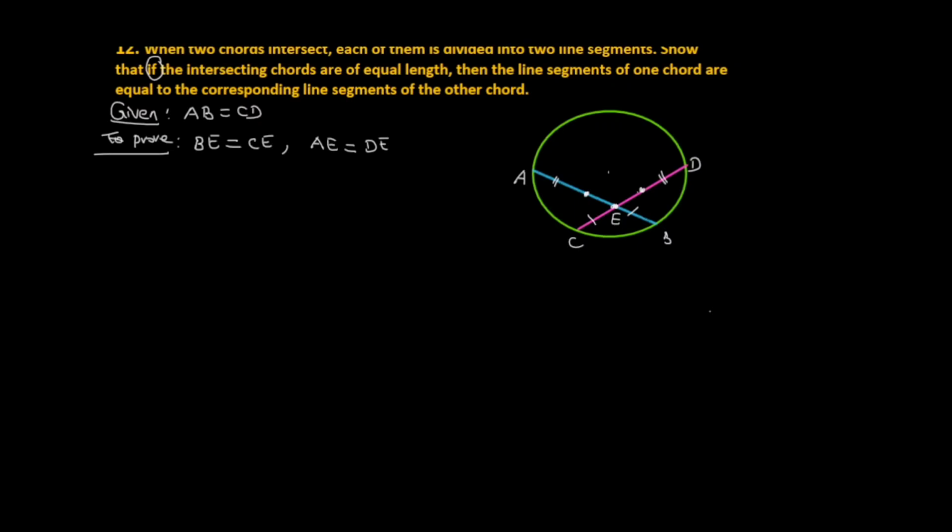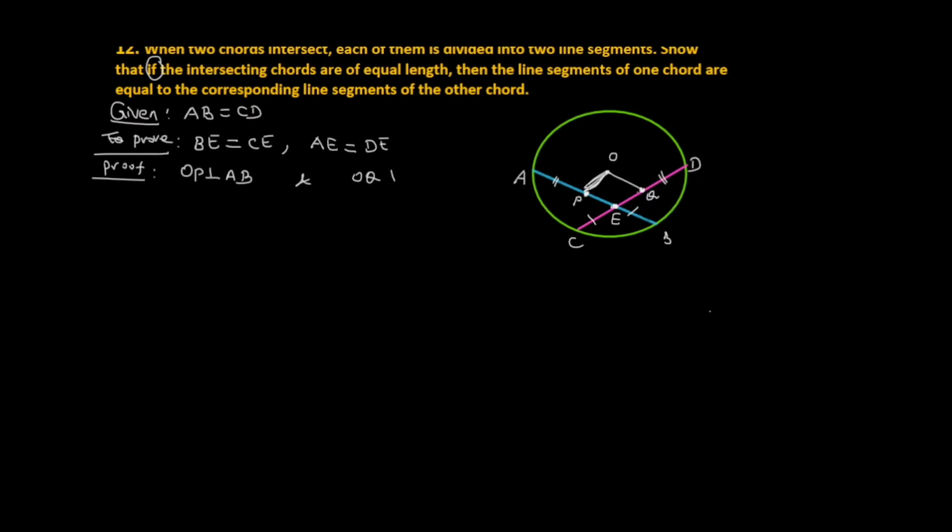For that we are going to take a point, the center. O is the center. When O is the center, take P and Q as midpoints. P is the midpoint of AB and Q is the midpoint of CD. When we drop a line from the center to the midpoint, that line is perpendicular. That is, OP is perpendicular to AB and OQ is perpendicular to CD.